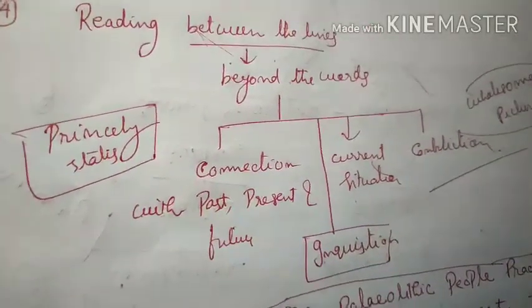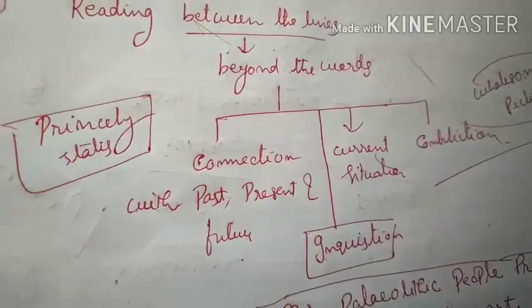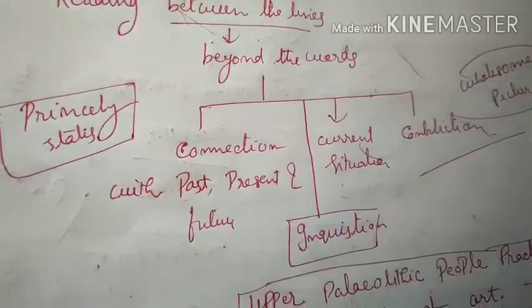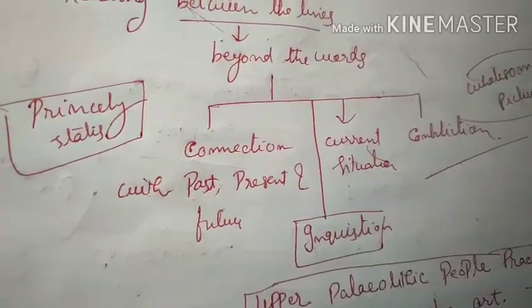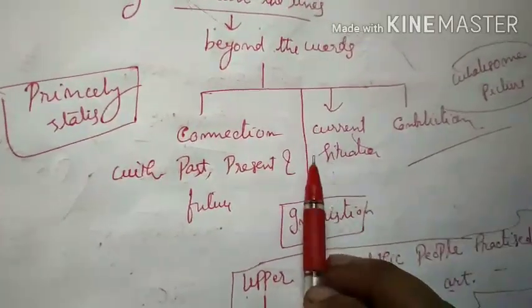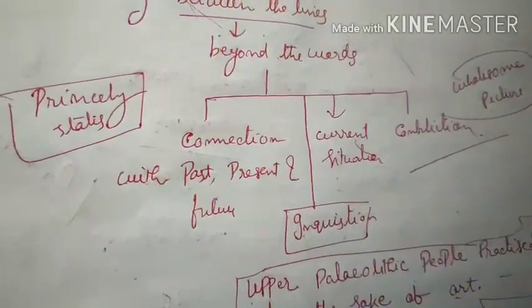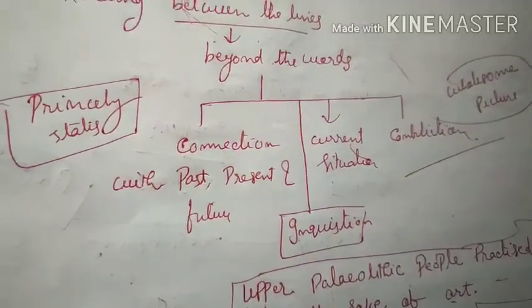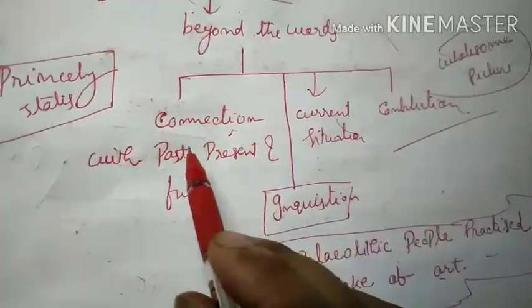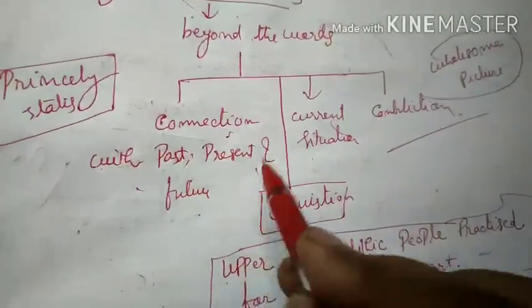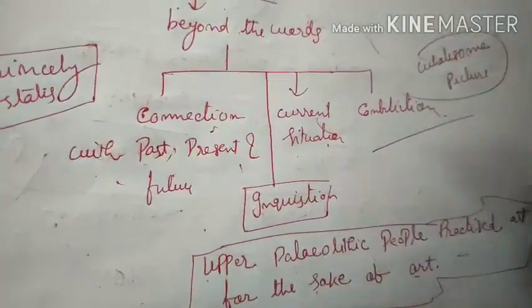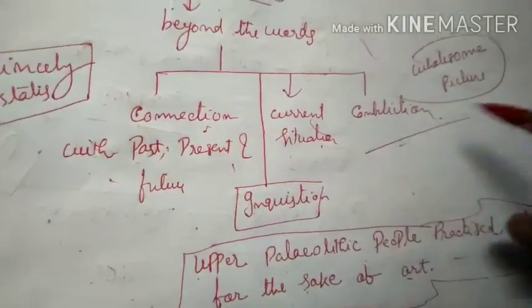So what does reading between the lines actually mean? I'll make another video on this point, but as an essence we can say that it means beyond the words. Beyond the words means what? Whenever you are reading any topic, it is not enough to know what the line says. We have to relate the lines in terms of their connection with past, present, and future, in terms of the current situation, in terms of conflicting issues.